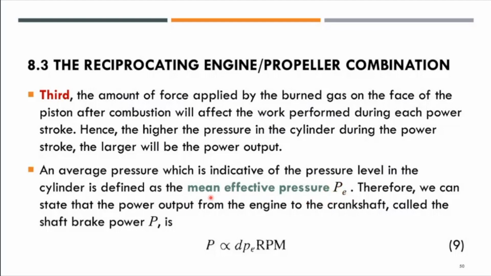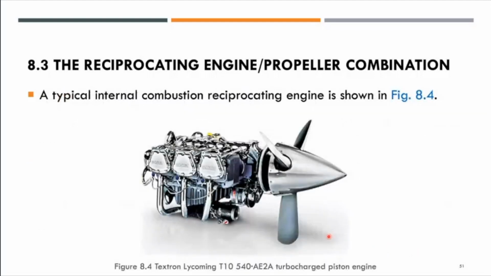It is the mean effective pressure. Therefore, we can state that the power output from the engine to the crankshaft, the shaft brake power P, is proportional to D times PE, the mean effective pressure, times the revolutions per minute. That should be your equation number 9.